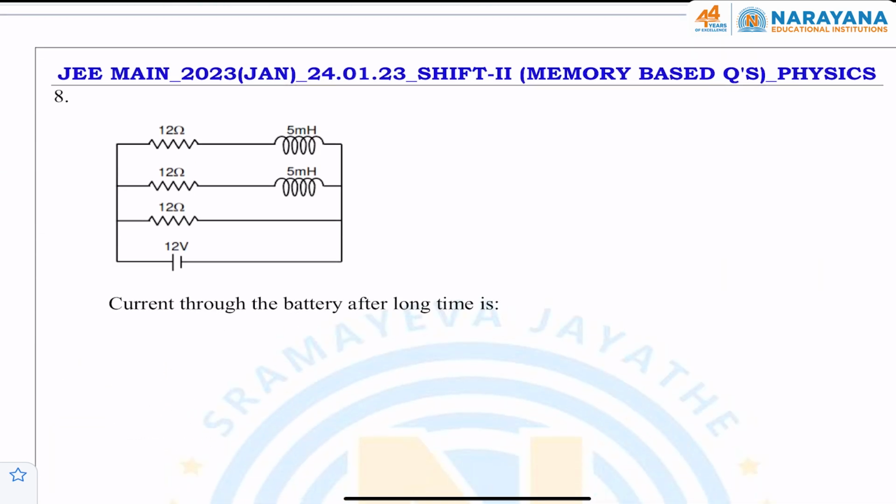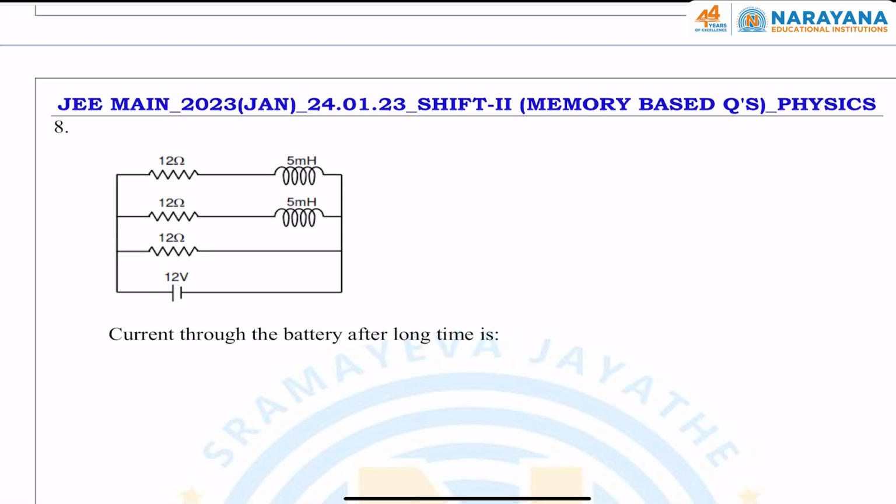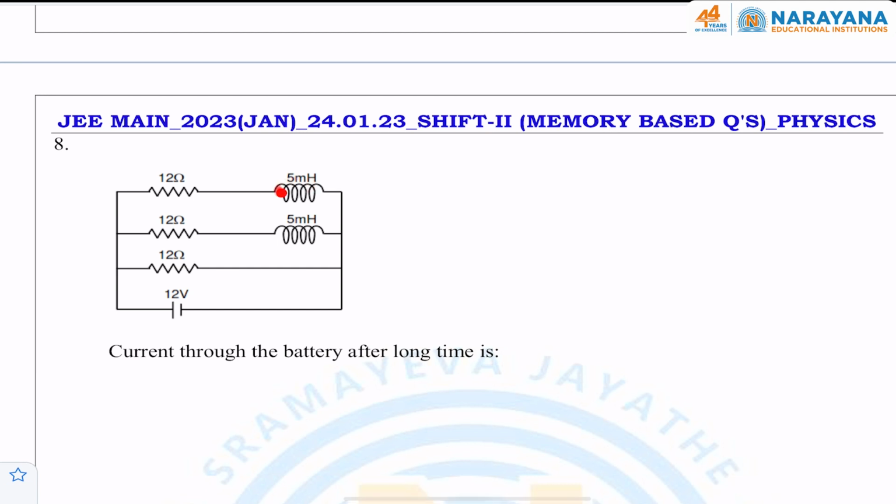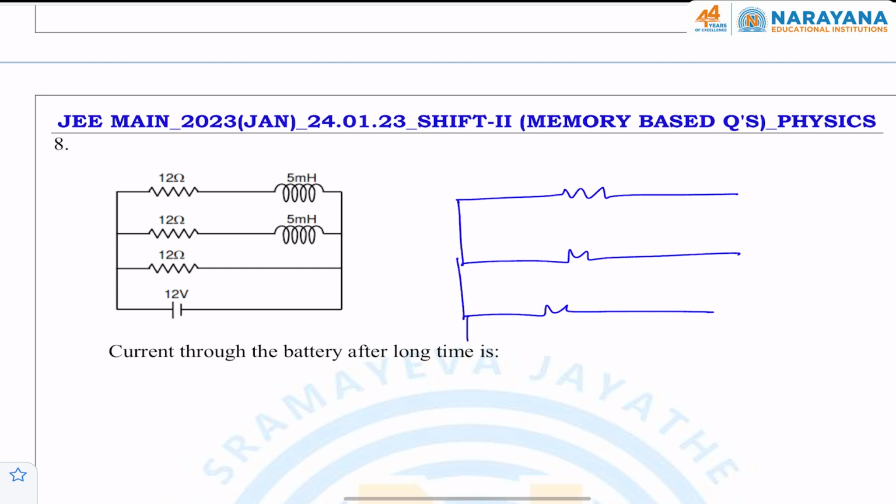Next question. Find current through battery after long time. These two inductors behave as conductors after long time, so they can be short circuited like this. After long time, effective circuit will be like this.